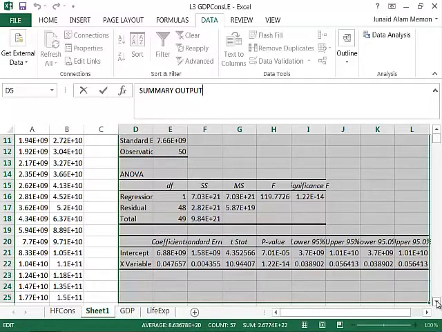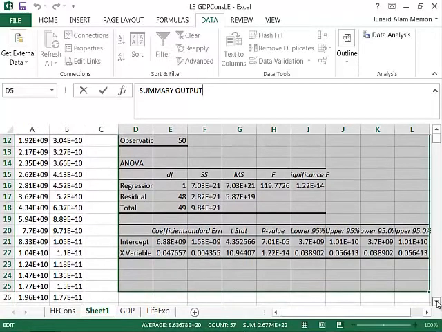So the consumption in Algeria is about 5% of the GDP in Australia. The coefficient is highly significant. The t statistic is 10.9, standard error is 0.004. So if you look at plus or minus 2 standard errors around this coefficient, 0 is very far away.